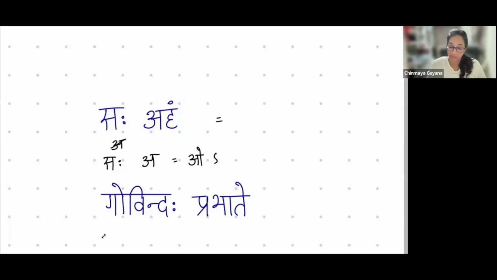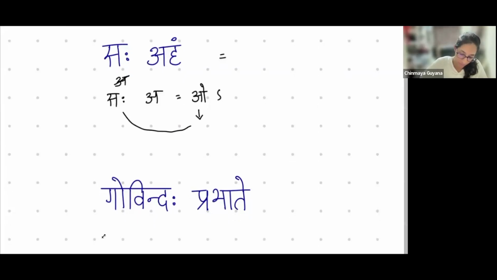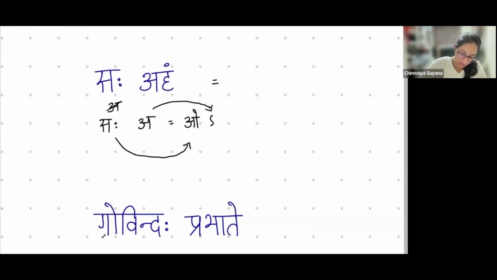So now how will this be written? The Visarga is going to change into the O, and the a is going to change into avagraha. So visarga gone, O comes, and you're going to be left with Soham.